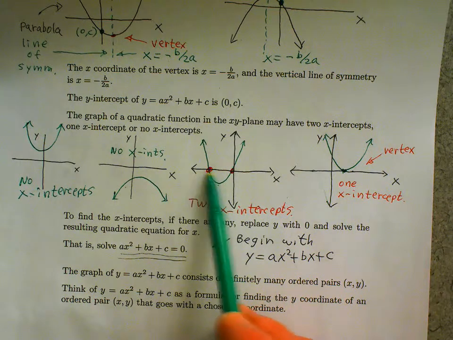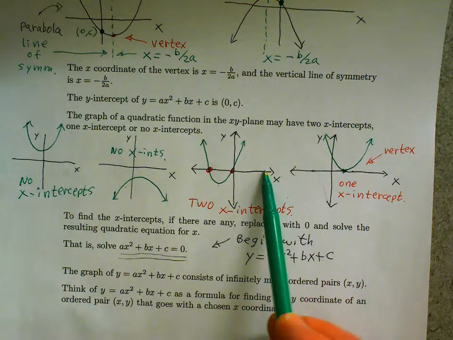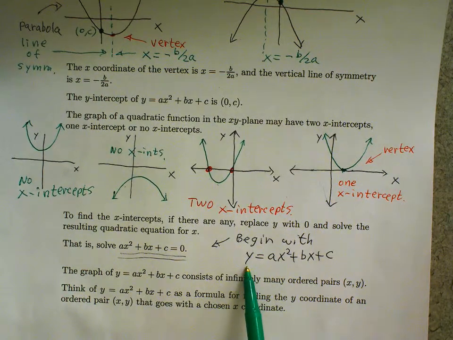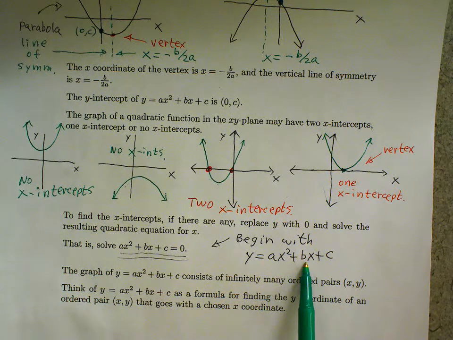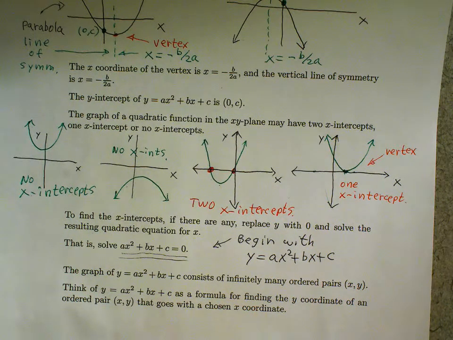Every point on the x-axis has a y-coordinate that's equal to 0. So if you want to find the x-intercepts, you replace y with 0 and solve for x. Does that make sense? That's the same statement that we made when we were finding the x-intercepts of linear functions. Replace y with 0 and solve for x to find the x-intercepts.